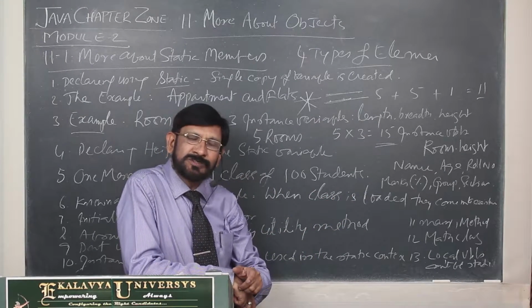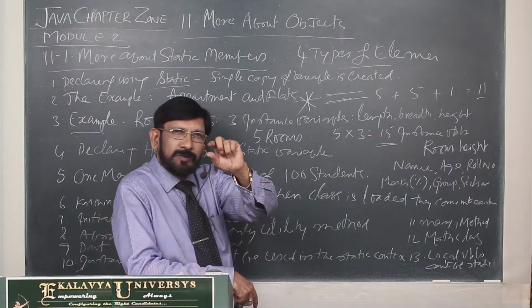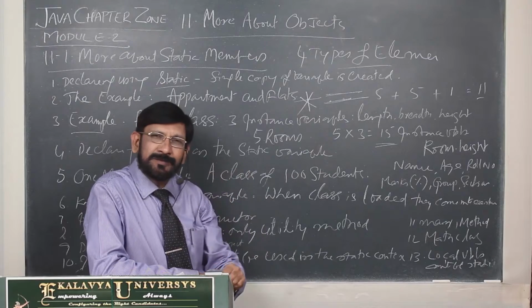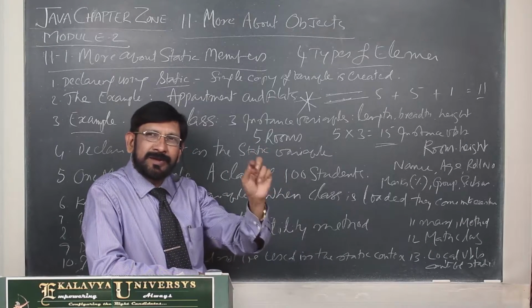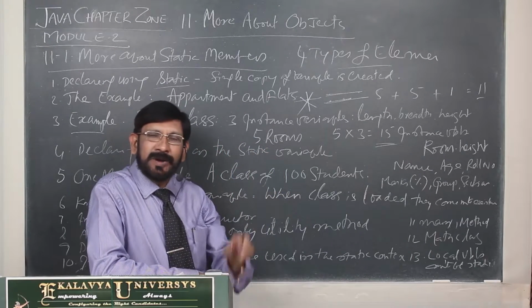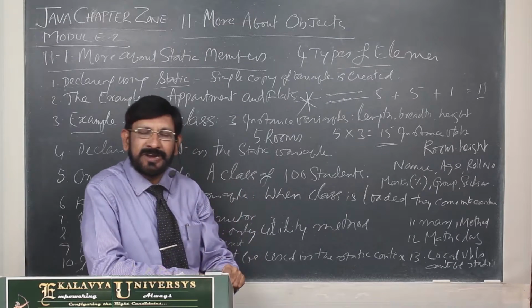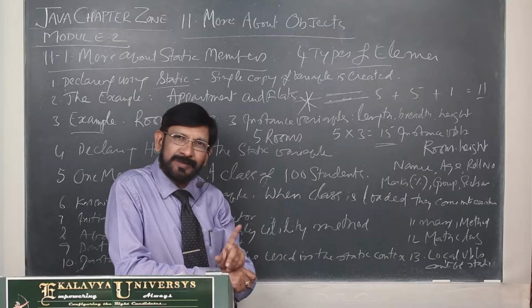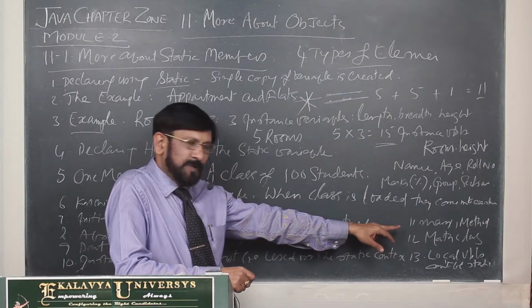For your information, if you analyze the qualifiers or signature of the main method: public static void main, the second one is static. So you must understand that the main method is a static method. That point always remember.